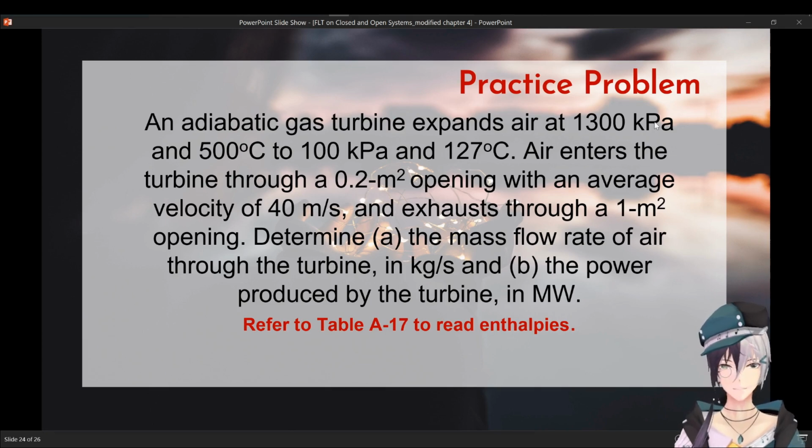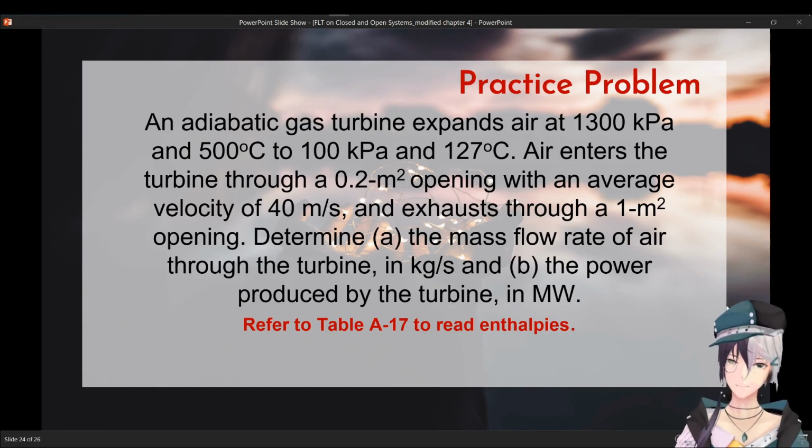You are given the inlet pressure and then the outlet. Air enters the turbine. You're given the area of the turbine, then the velocity, and then you have area 2, 1 square meter. We are to determine the mass flow rate of air through the turbine in kilograms per second and the power produced by the turbine in megawatts.